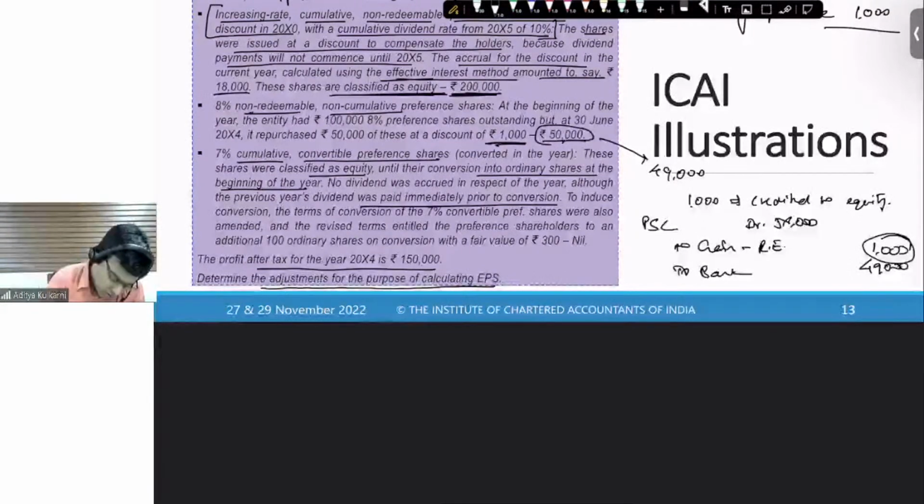So now I want you to think for the last one. You can look at the chart for early redemption and early conversion, and there you will get the answer.